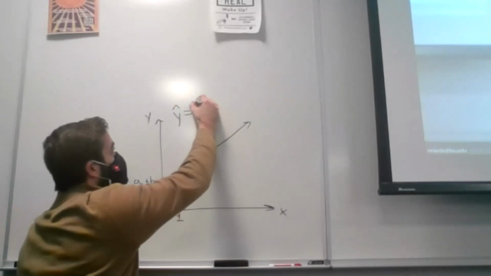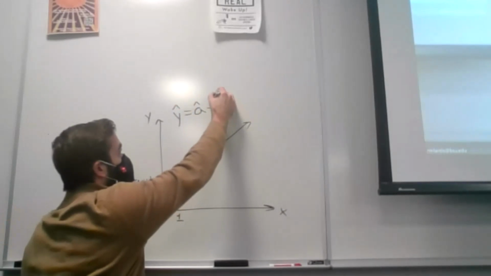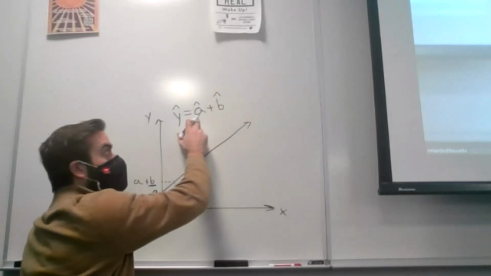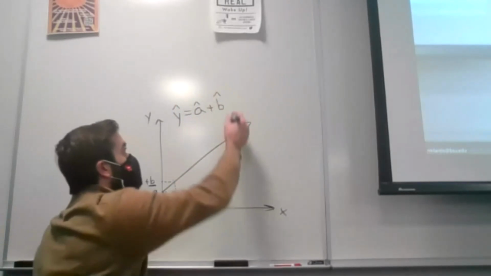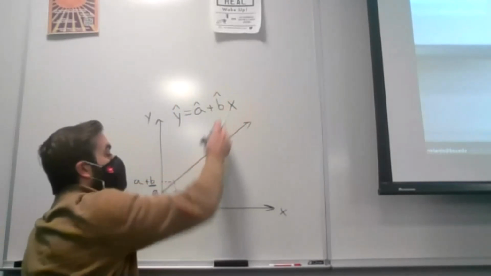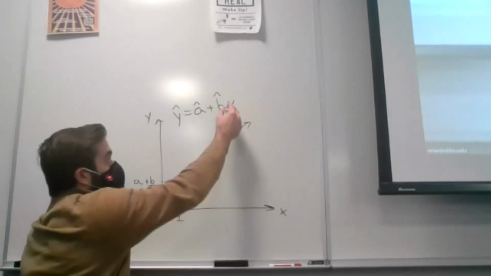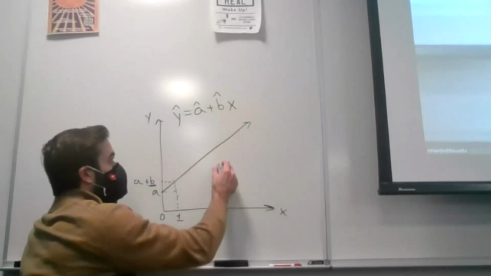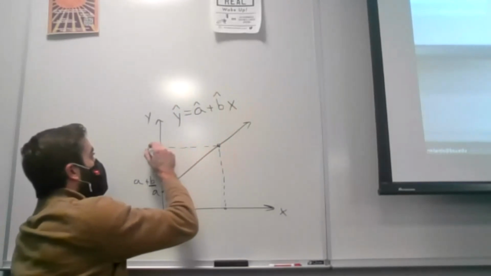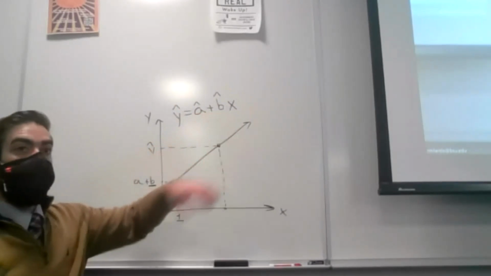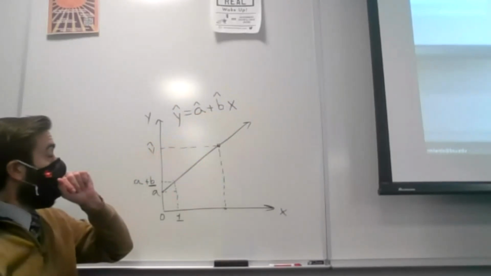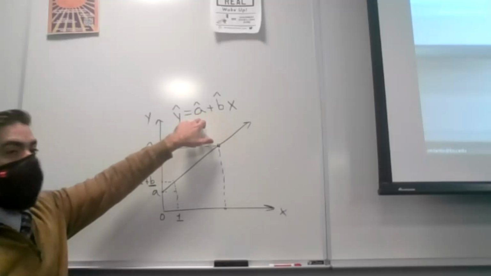We're going to come up with estimates for what the intercept, or the constant, is, but also an estimate for what the slope is. Then if you tell me any X value, I plug that X value in, and I can tell you what that predicted Y value is, once I have estimates for that slope and that intercept.